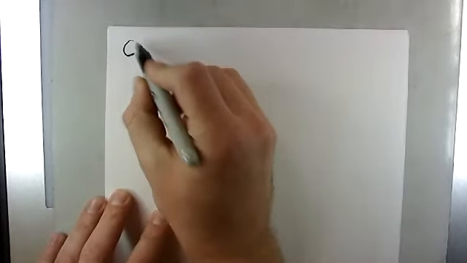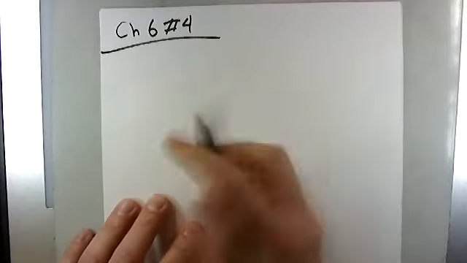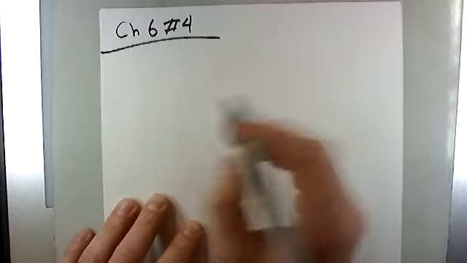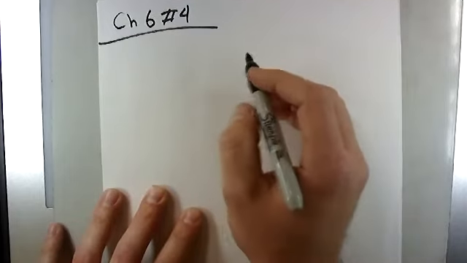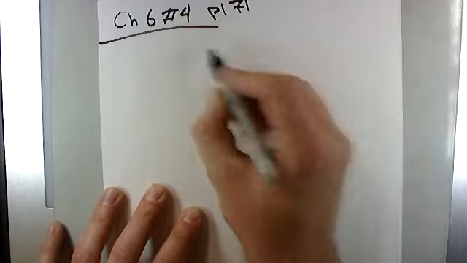So let's go ahead and do a graphy one. We'll do number 4. Chapter 6, number 4. All right, so for a pizza seller whose marginal, average variable, and average total cost curves are shown in the accompanying diagram, right? This is all on page 171.